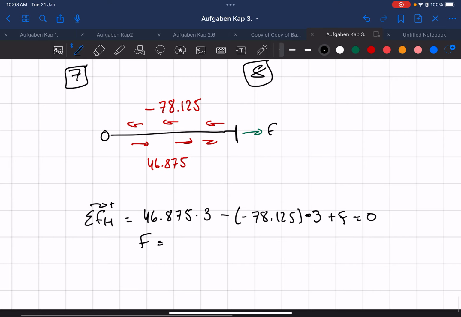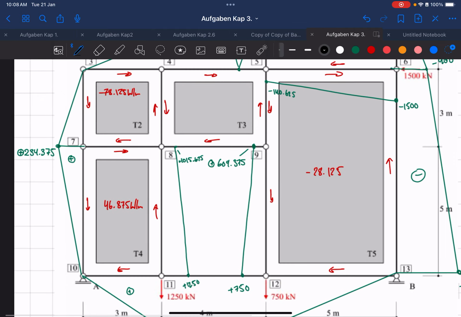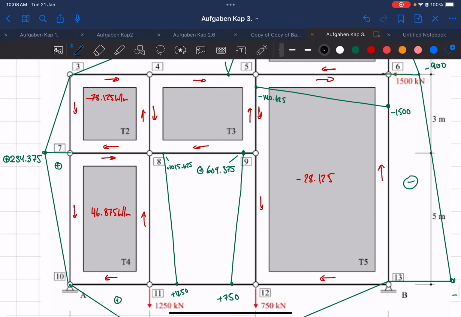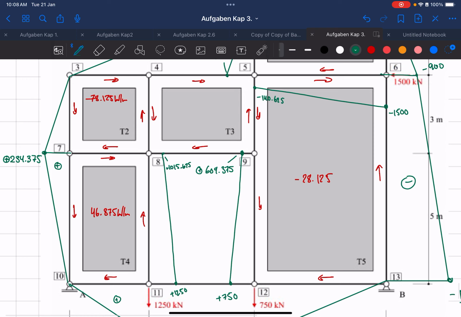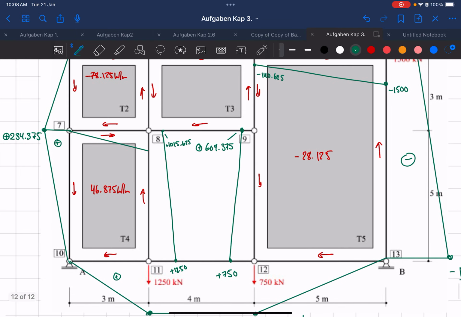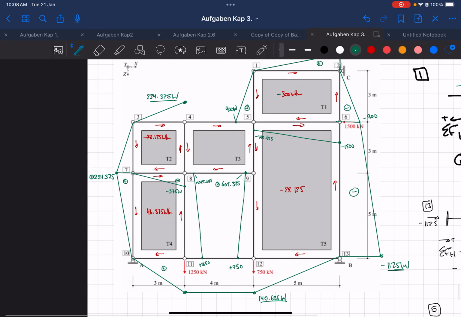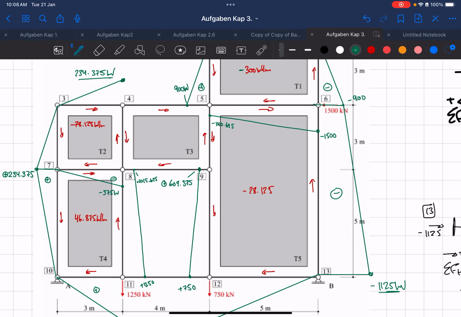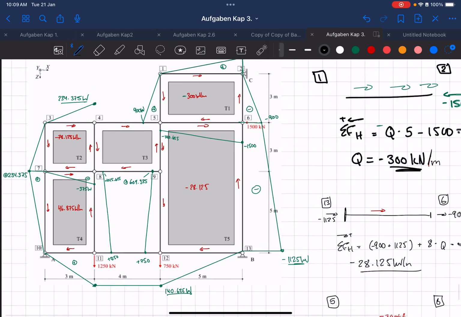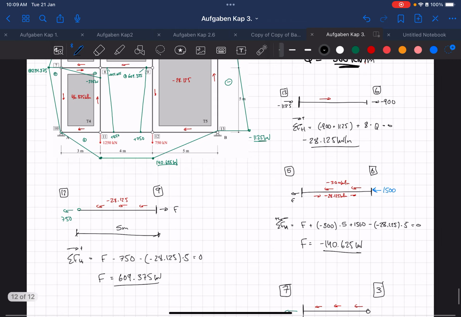F equals minus 375 kilonewton. So minus 375. Okay, answer's negative. And then I will do from 8 to 9.